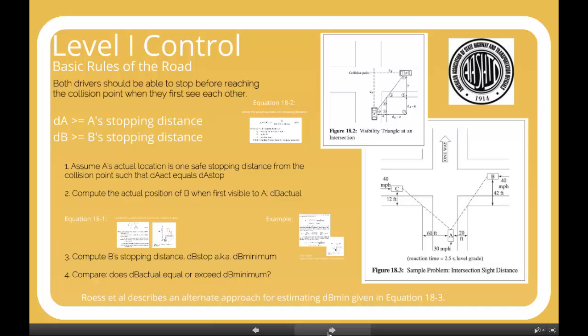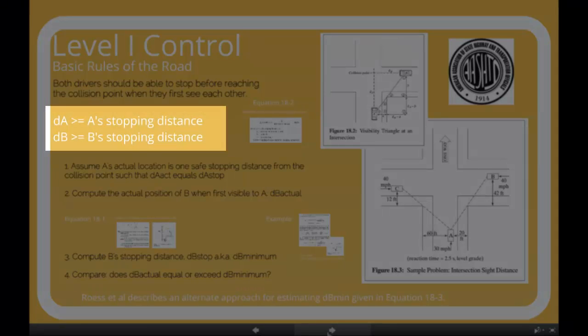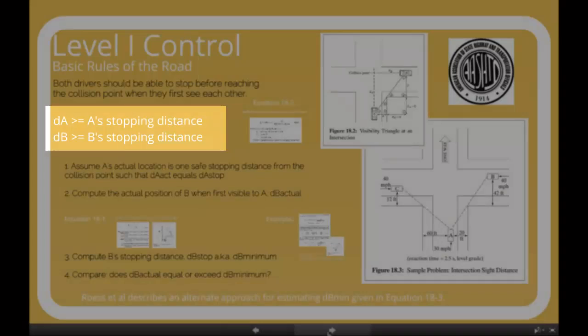Before permitting this type of control, the sight distances must be analyzed to ensure they are sufficient for drivers to judge and avoid conflict. It is necessary that dA be at least as great as A's stopping distance, and that dB be at least as great as B's stopping distance.